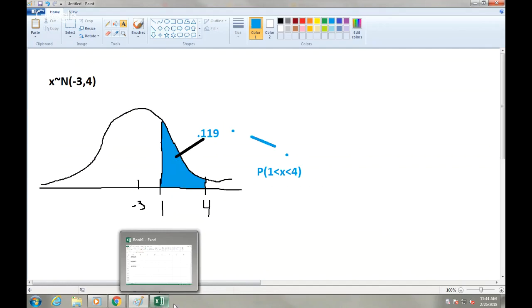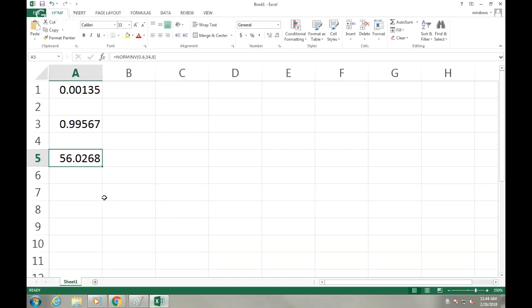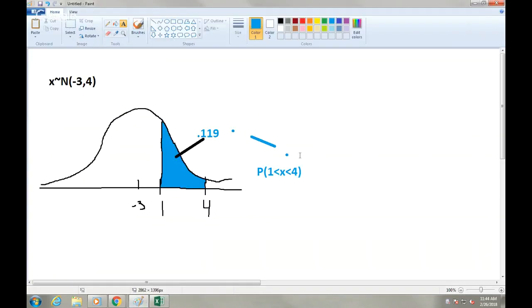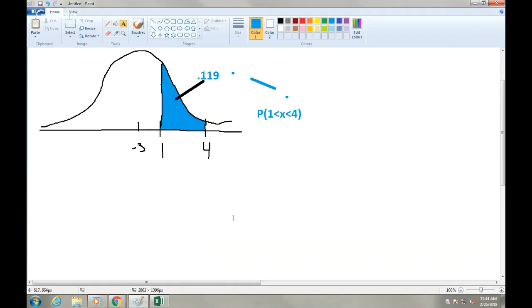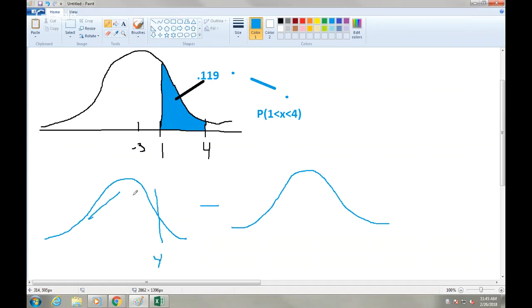But what about Excel? If you're on Excel, what you have to do is, first of all, we're going to break it up pictorially. This is what we're going to do. I'm going to think of this area that I've just gotten as being this lower tail area.